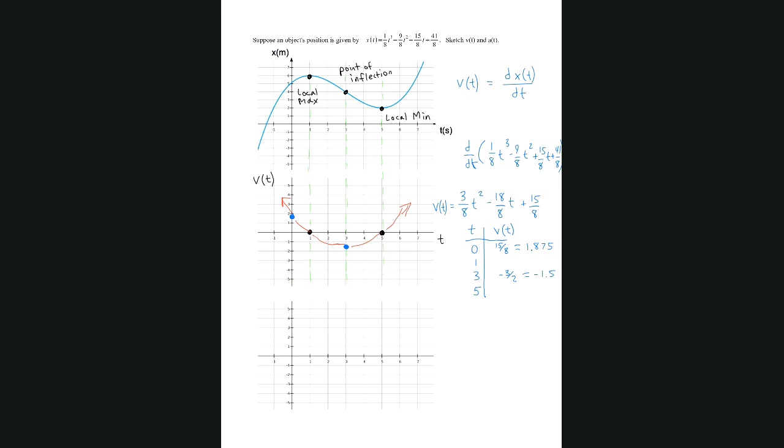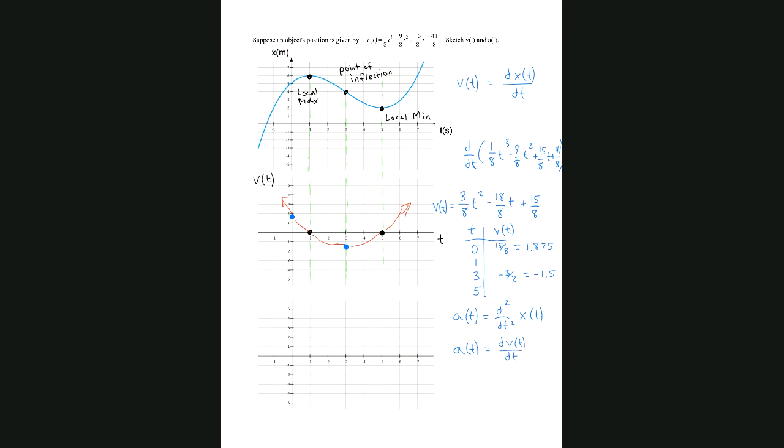What I'll do next is take it even farther and find the second derivative. That's going to be the acceleration. So one way of writing that is that the acceleration is the second derivative of the position function. But since I had just calculated the first derivative of that position function, I'm going to use this definition of acceleration. It is going to be the derivative of the velocity with respect to time.